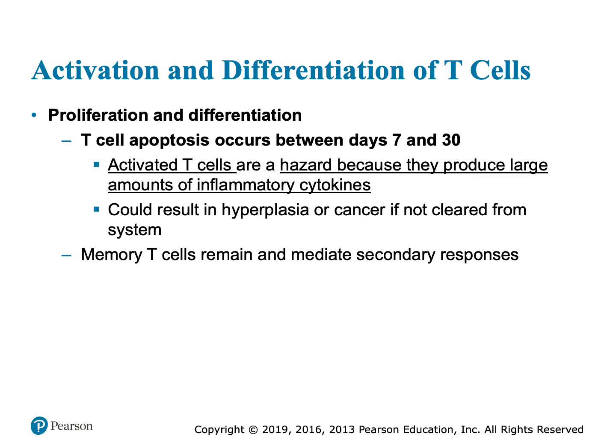Part of the regulatory T cells' job is also to make sure that they don't overreact, but if they do keep reacting and they don't die, then you can actually even get a cancer if they don't get cleared. Now, a memory T cell, he's not active. He's just waiting out for the second time. So he's not going to hurt anything. Memory T cells can hang out for a while.